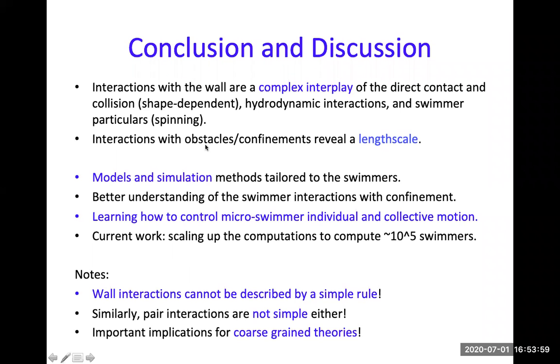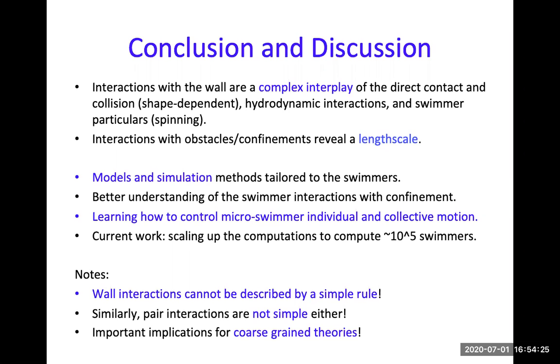And interactions with obstacles or confinements sometimes reveal length scales, right? If you want to confine bacteria or spermatozoa. And the models in the simulation specifically are tailored to the swimmers. They're minimal, but as you saw, for bacteria, you need the elongated shape and hydrodynamics. For the algae, you need the 3 beads. For spermatozoa, you have to take into account the conical kind of envelope.